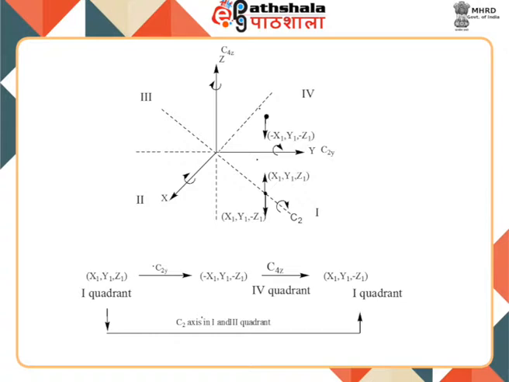On this new point, now perform C4z. The new point obtained is x1, y1, minus z1 in the first quadrant. We get the same result by performing the C2 operation on x1, y1, z1 about the axis lying in the first and third quadrant. The results are shown.